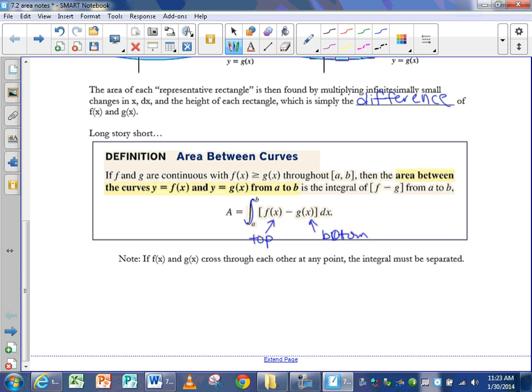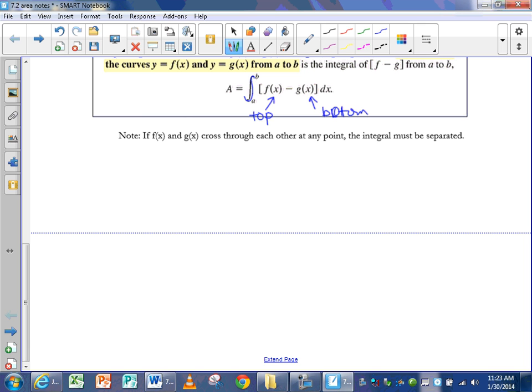Now, if f and g cross each other, and instead of f always being above g, f and g crisscross at some point, maybe they look something like this. And let's say this is f of x and this is g of x. And let's say they cross at 0, 3, and I don't know, let's say 5.